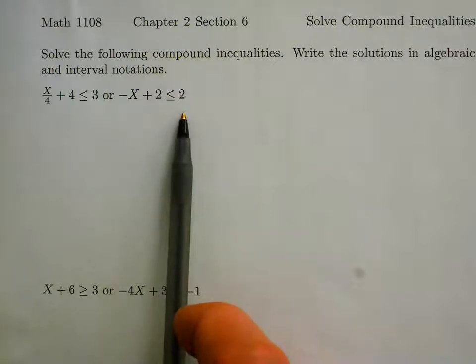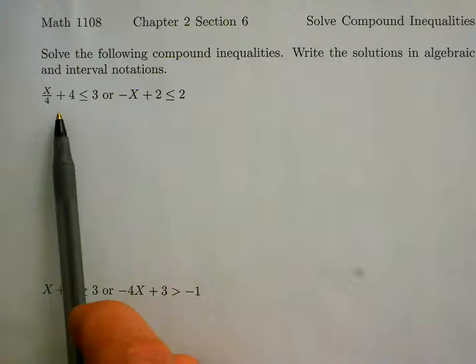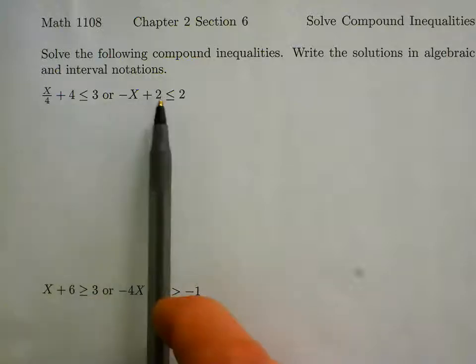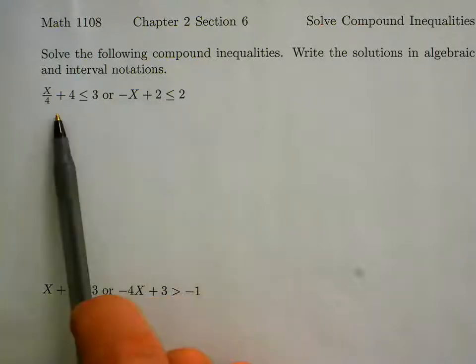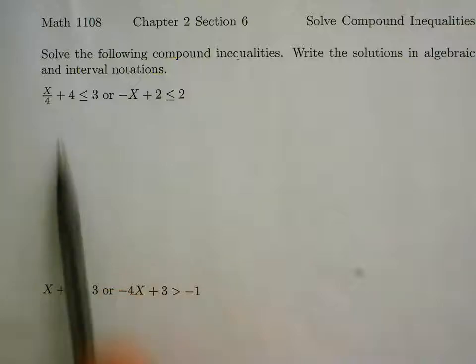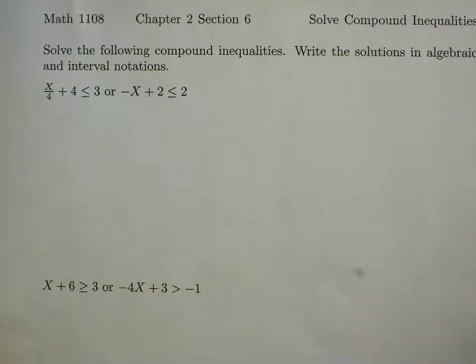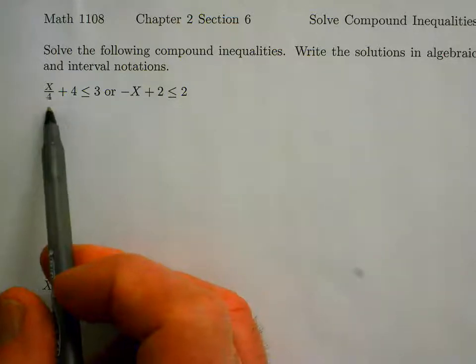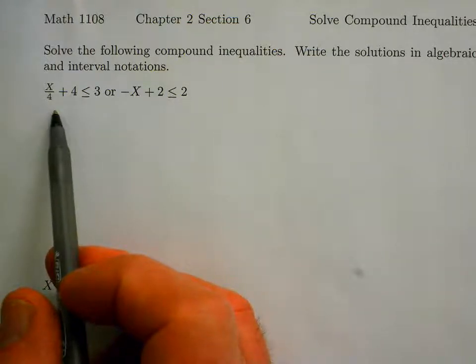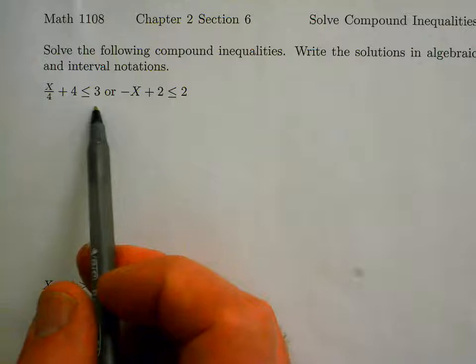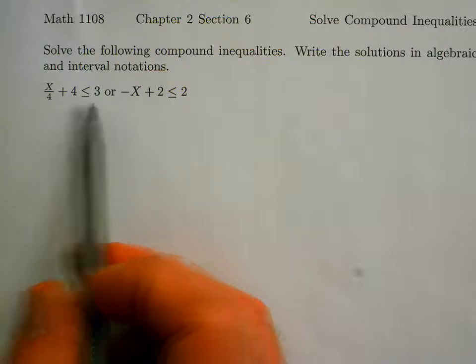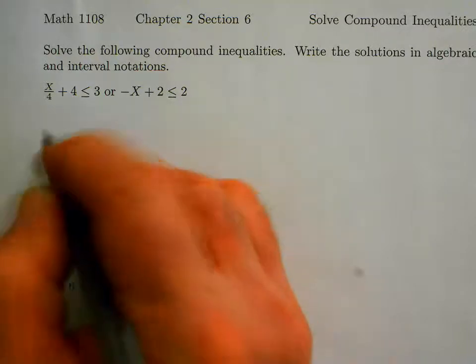So we want to solve each of those inequalities individually for x, and then we'll deal with it the same way we did in the basic examples. So this one, x divided by 4 plus 4 is less than or equal to 3. Step 1, we subtract 4 from both sides.